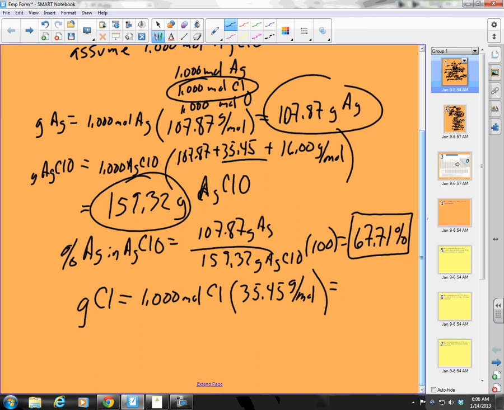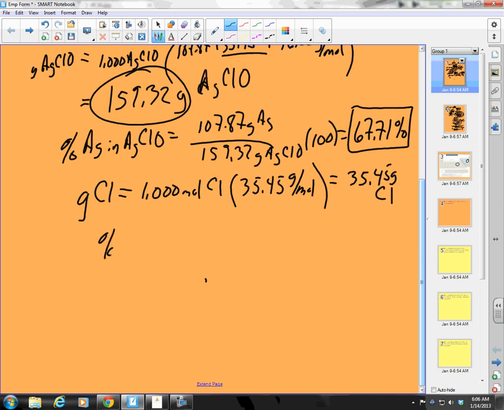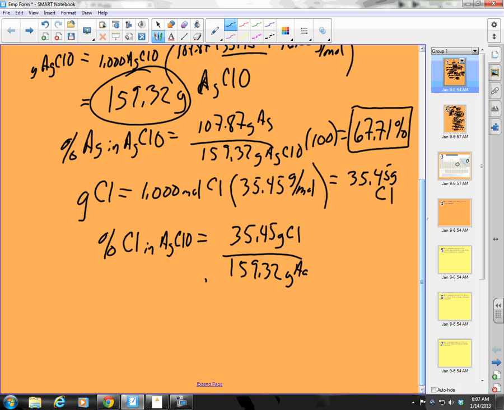And so that means I would have what? 35.45 grams of chlorine. So what's my percentage? Percent comp of chlorine in silver hypochlorite is equal to 35.45 grams chlorine divided by what? 159.32 grams of silver hypochlorite times 100.